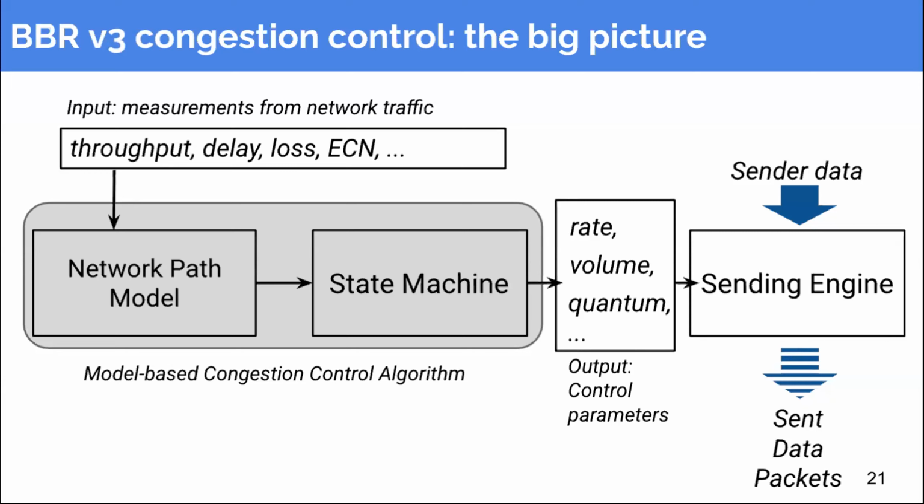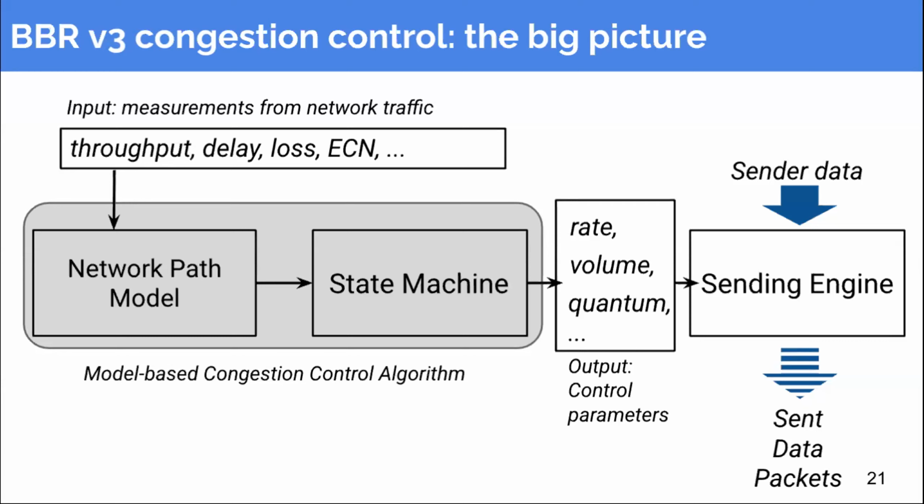And those control parameters are the rate or pacing rate, the volume of in-flight data that's allowed, which is the congestion window, and then what we call a quantum, which is basically a maximum packet burst size that we would like to use, because modern high-speed transport stacks need to use some kind of burst so that they can send a large amount of data every time they run the transport and congestion control loop.